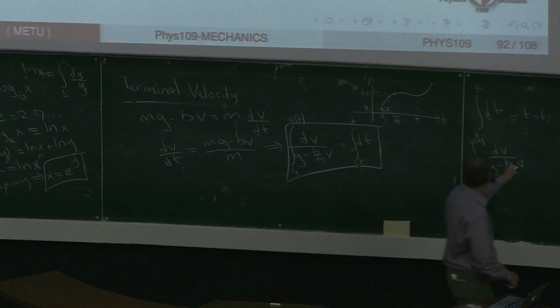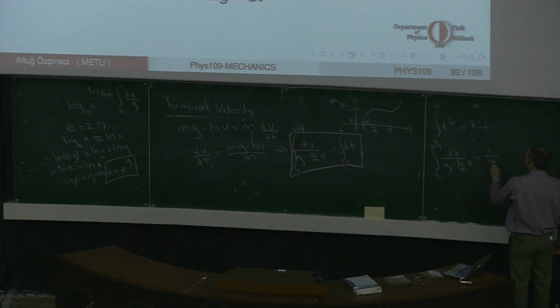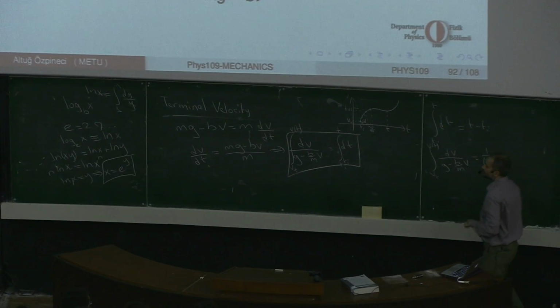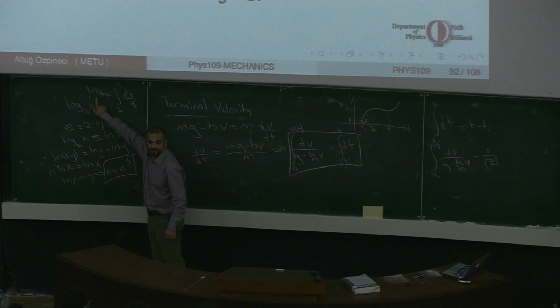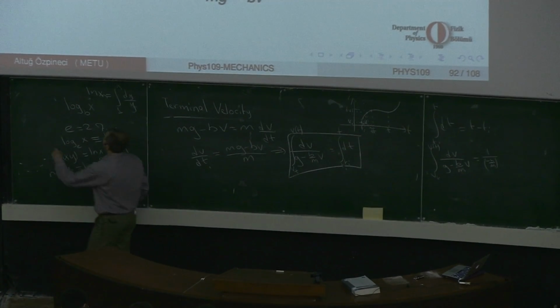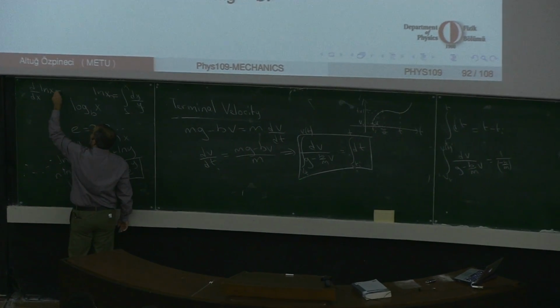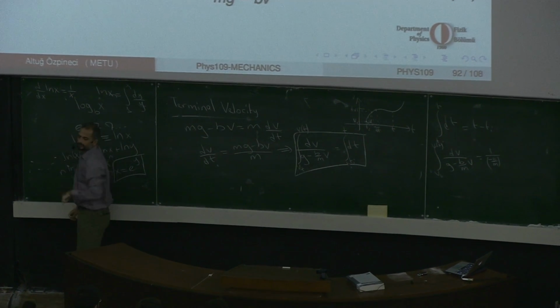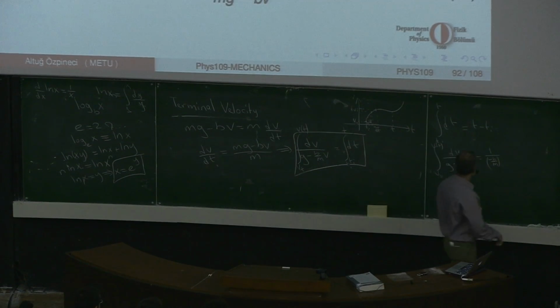But if you integrate it, this will be 1 over minus b over m. You see, the logarithm of x is in a sense the integral of 1 over y. So the derivative of the logarithm of x is 1 over x. This is all we need about the logarithms.